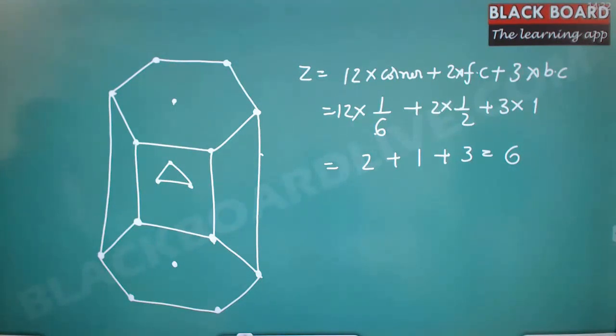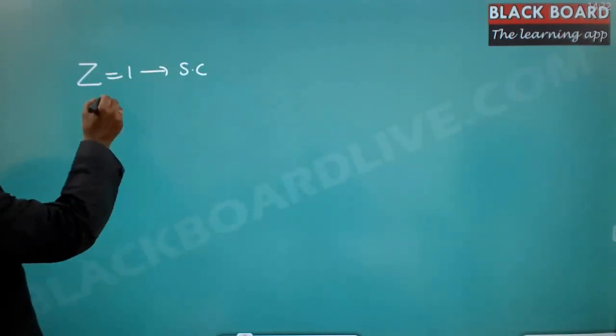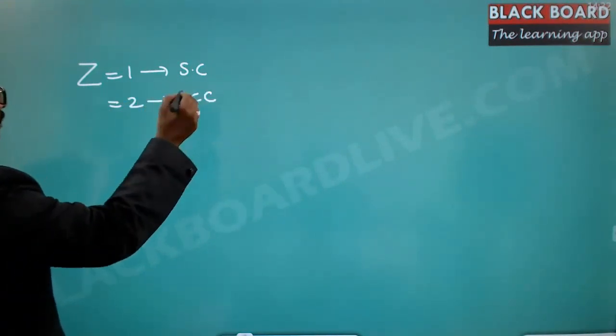So we can write that Z is equal to 1 for simple cube or primitive. Z is equal to 2 for BCC, body centered cube.